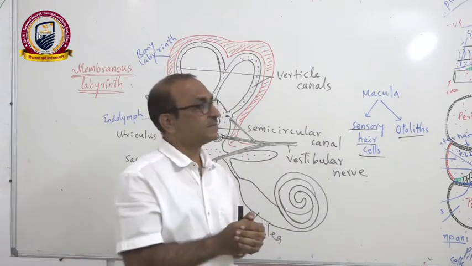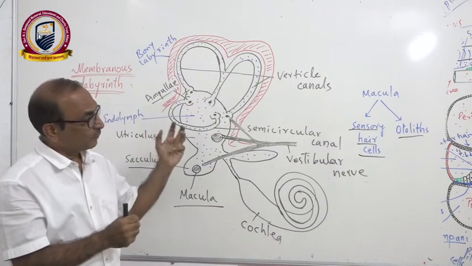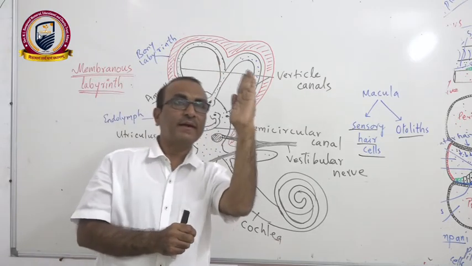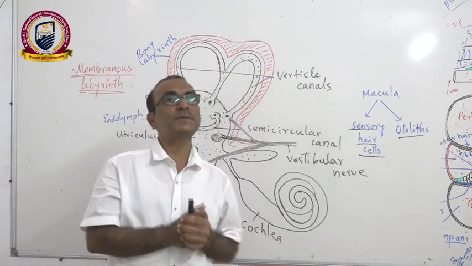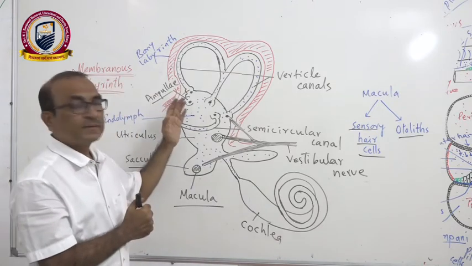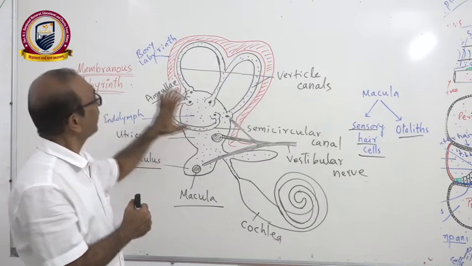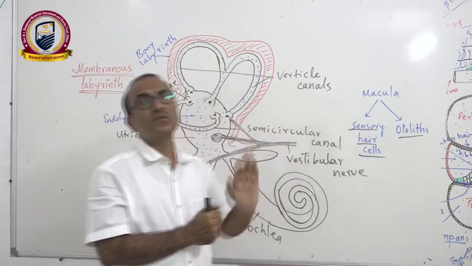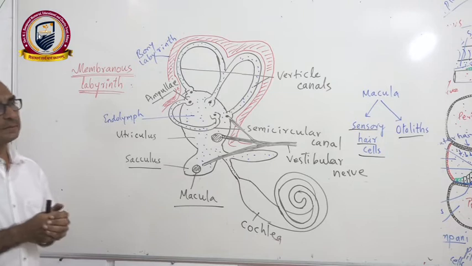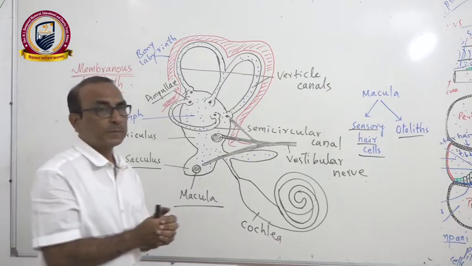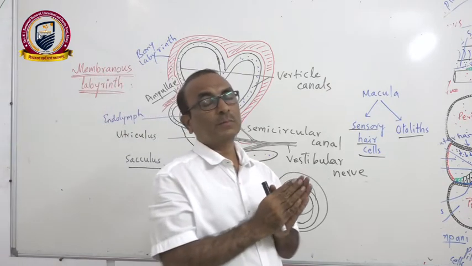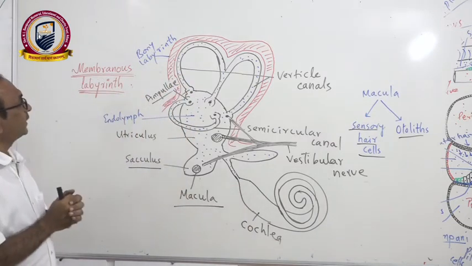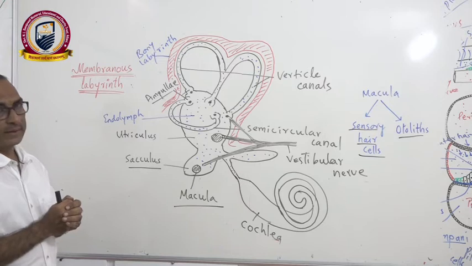So the position of your body, the axis of your body is tilting, and that information is being perceived by the membranous labyrinth and sent to the central nervous system, so that the response is brought about and you are balancing your body on the ground. That is how the membranous labyrinth is working.